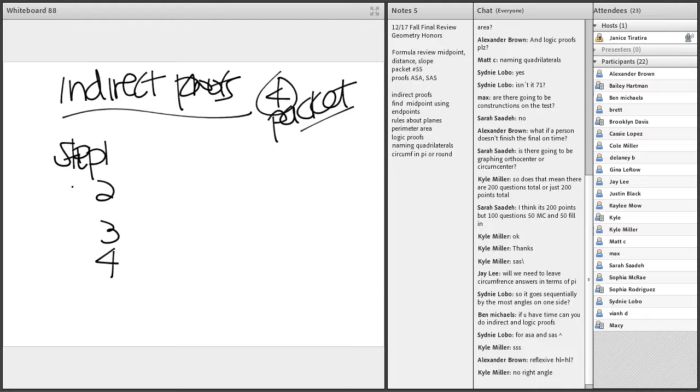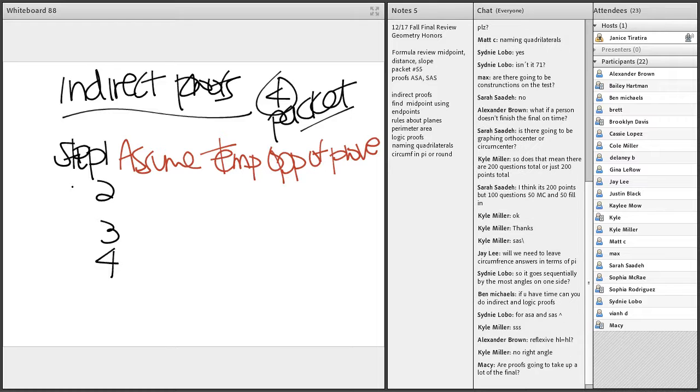The important thing about indirect proof is that we have to assume temporarily the opposite of the proof. So I have to read what my proof is. My proof says on your packet, angle A is not congruent to angle B. That's what we want to prove, but we're not proving it directly. We're doing the opposite, and it's going to fail.